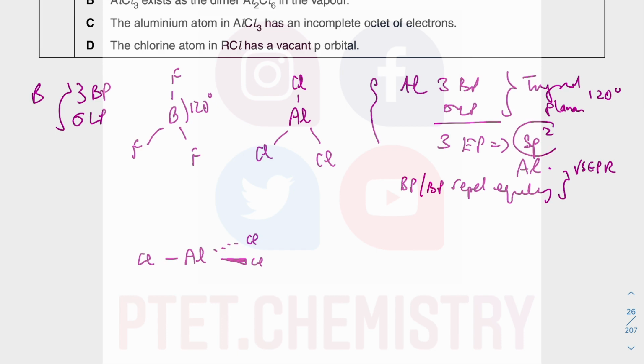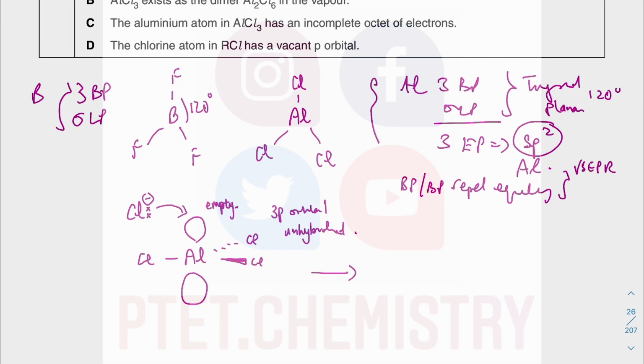It is sp2 hybridized because on the aluminium there is a 3p orbital which is unhybridized. And we know the 3p orbital is dumbbell in shape, and that is empty. Because that is empty, you can have a chloride ion with a lone pair occupying it in such a way that you get a dative covalent bond from a chloride ion.